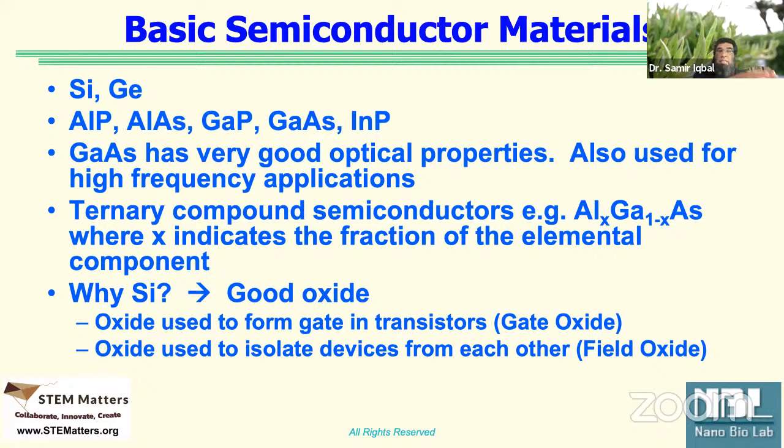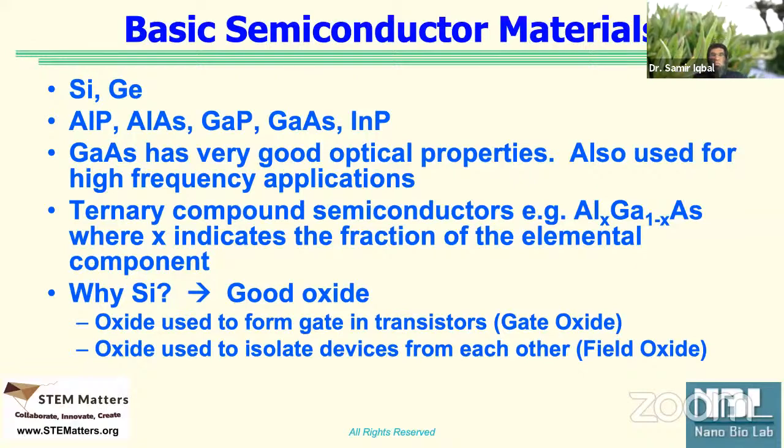So the silicon semiconductor, which we make a good conductor by doping, when it becomes oxidized, becomes a very good insulator. And we have use of that insulator when we are making devices. We either use it to make a gate in a transistor. A transistor has 3-4 important parts: there is source, there is drain, there is gate, and the gate has an insulating layer called gate oxide.